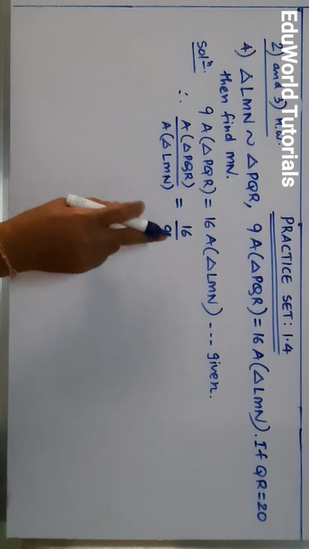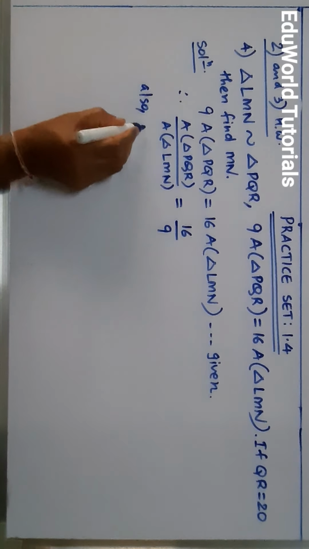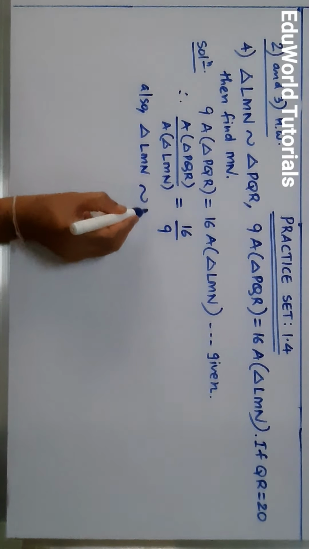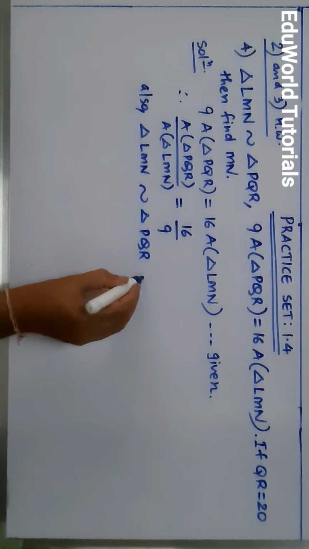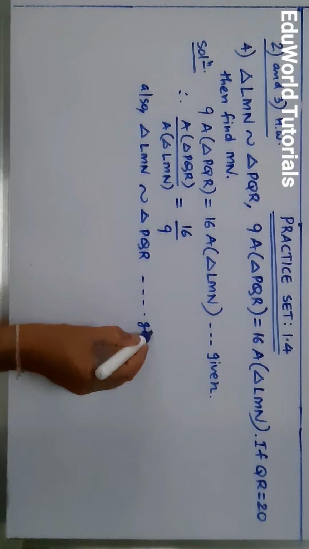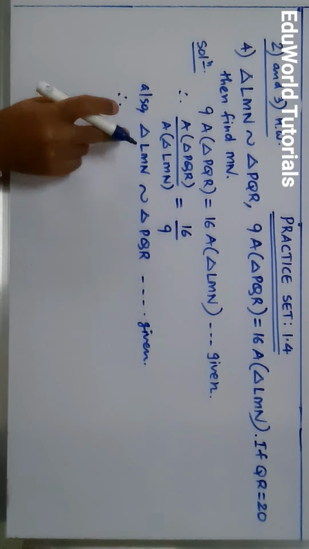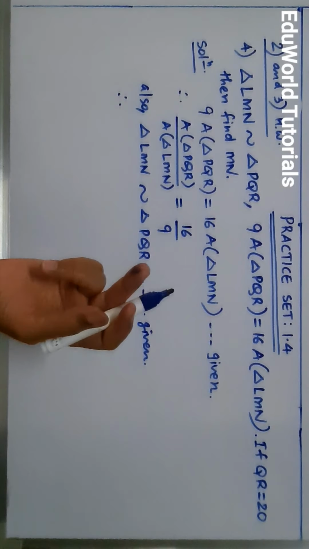This is what we have. Also, triangle LMN is similar to triangle PQR, which is given to us. When the two triangles are similar, the ratio of their areas is equal to the ratio of squares of the corresponding sides.